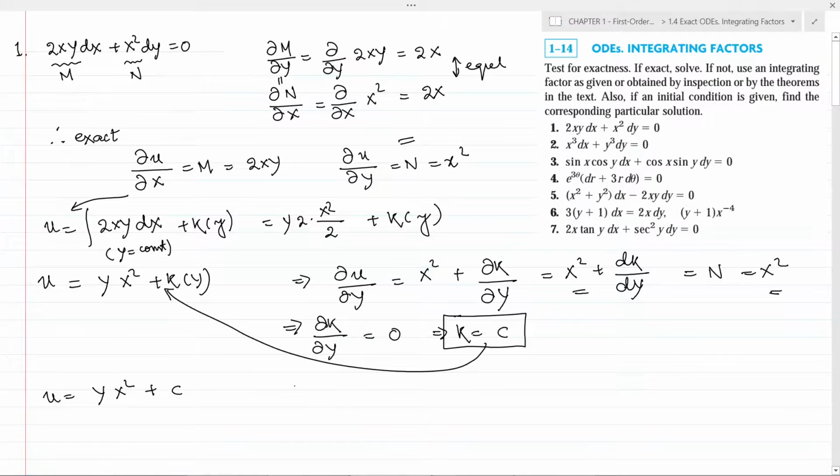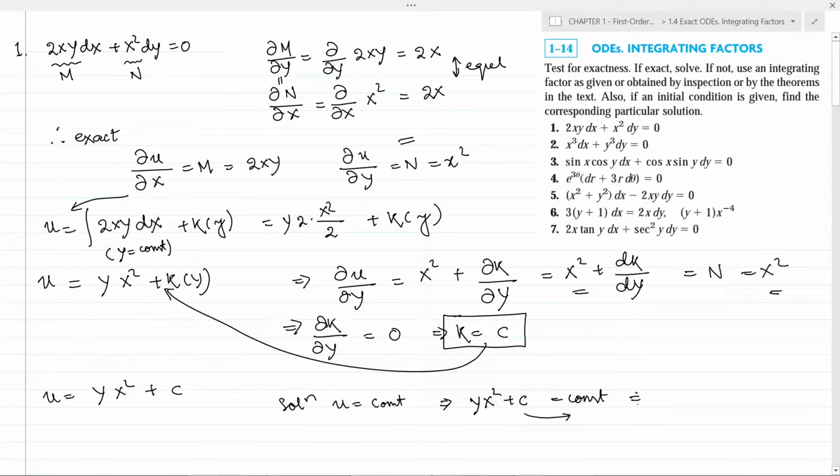Now we know the solution is of the form u equal to constant. So we can write u, which is equal to y x square plus c equal to constant. This constant term we can take to the right hand side and write constant minus constant, and constant minus constant is constant.